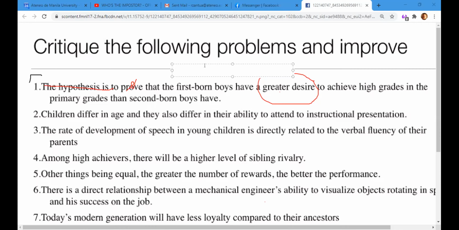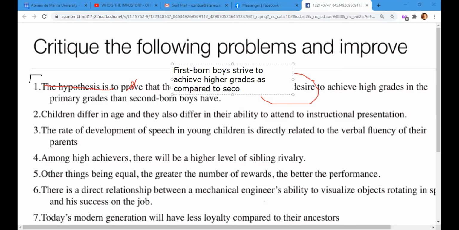Maybe strive. How would we use strive? Firstborn boys strive to achieve higher grades. More. Wait, you retype ko na lang.